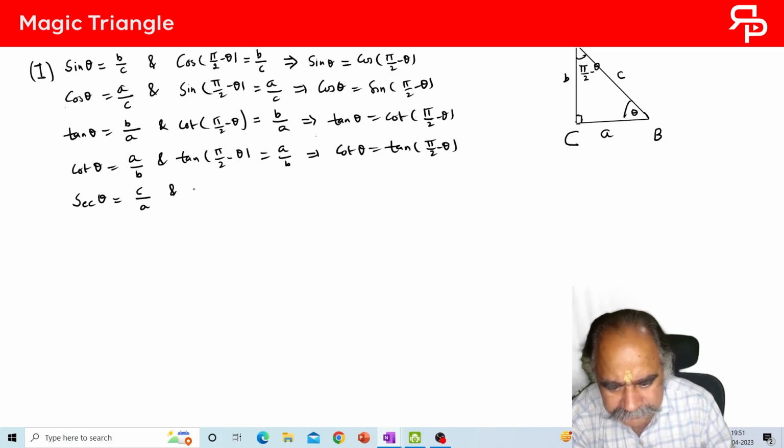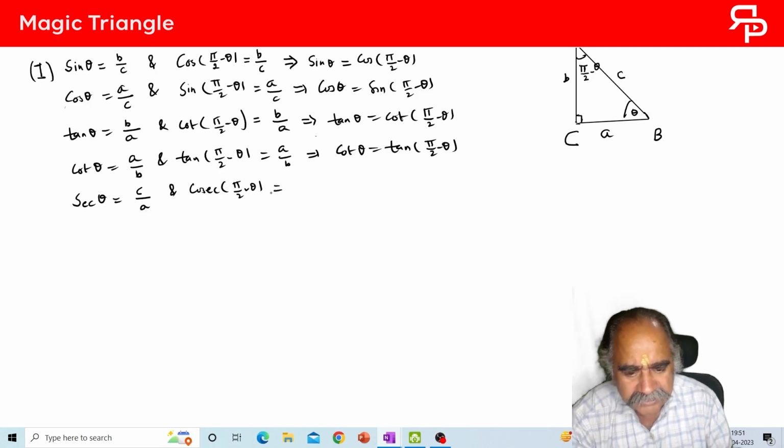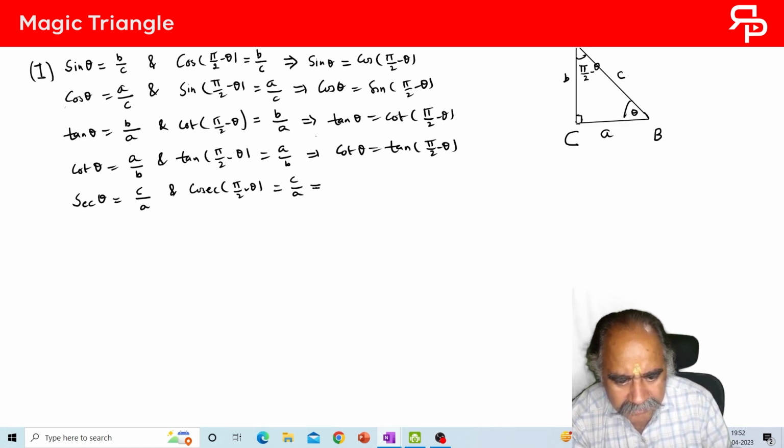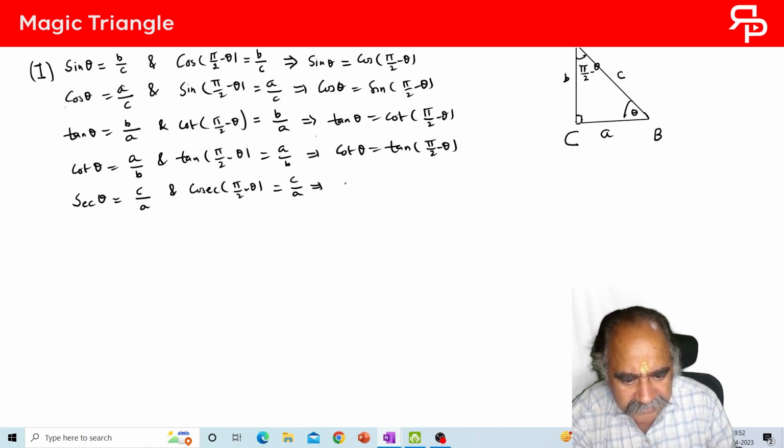And what is cosec of pi by 2 minus theta? Cosec is hypotenuse upon opposite, but this is for angle pi by 2 minus theta, which is c by a. So this implies sec theta is cosec of pi by 2 minus theta.